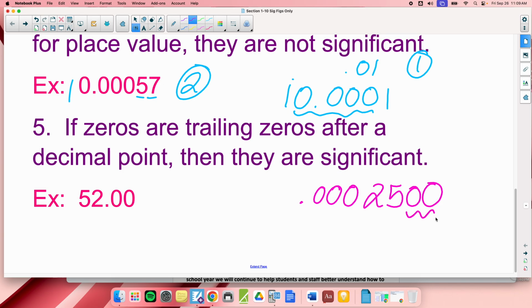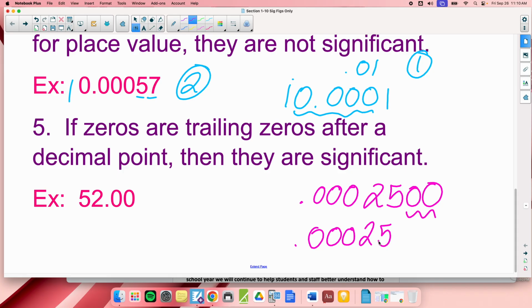These two zeros right there are trailing zeros, and what that means is that number is precise to 2 more places. If I measured something and told you this, that is not as precise as if I measured something and gave it to 2 additional places, even if they're zeros. That just means that number is more precise than this one, so I have to count those.